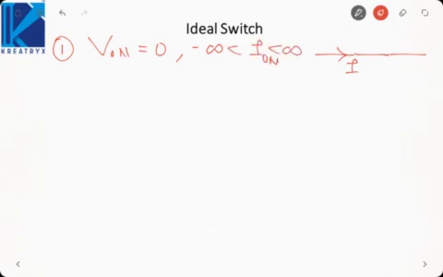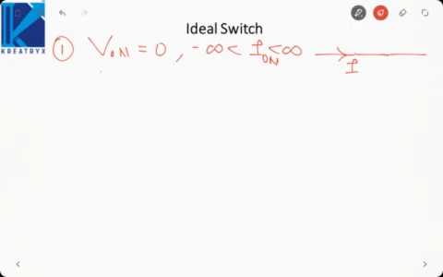When the switch is on, when you close a switch, its voltage is 0 and the current can have any value. When the switch is closed, it is said to be in the conduction state. In the conduction state, the voltage drop is 0 and the current can have any value from minus infinity up to infinity.